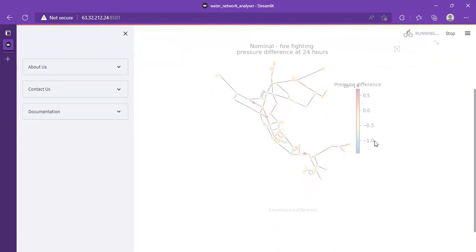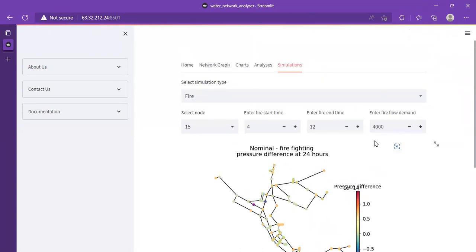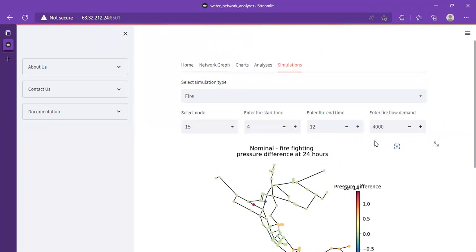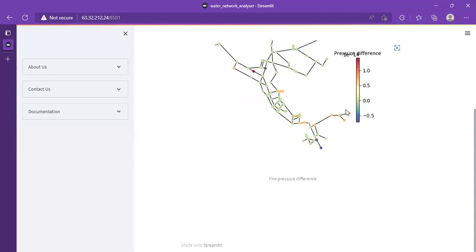After that, it will show you the repair rate in the network. I mean the pressure difference in the network. The pressure difference between when there was no fire and when there is fire outbreak.